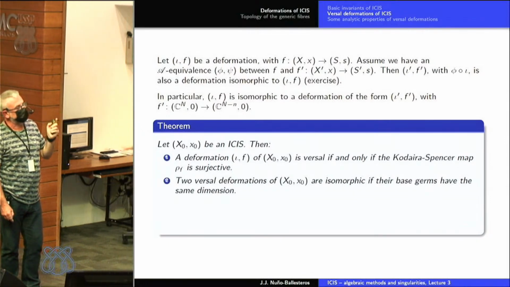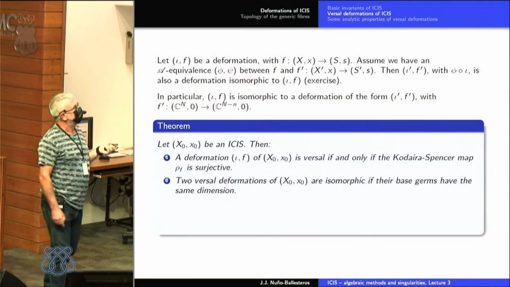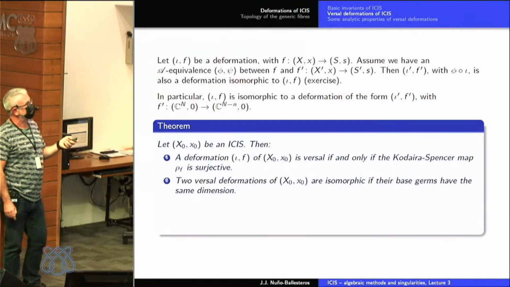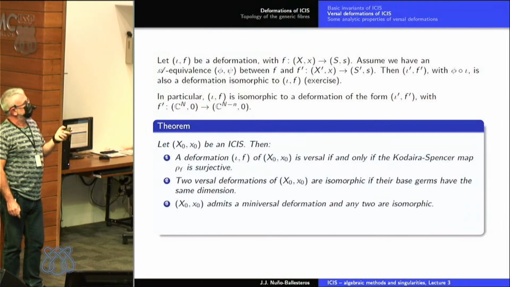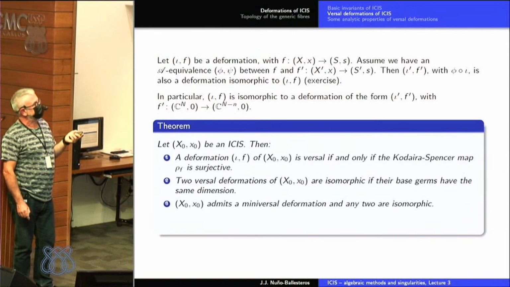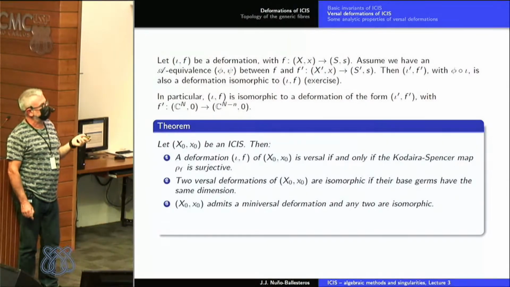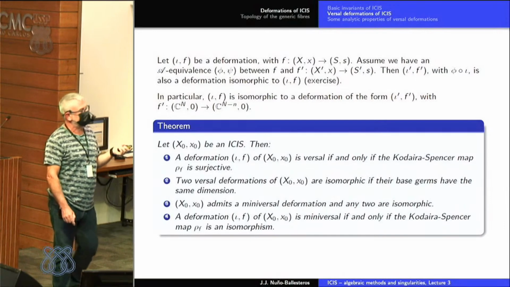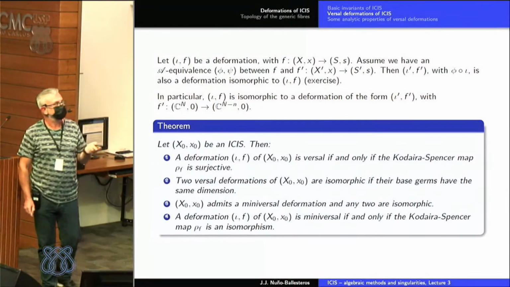If S and S prime have the same dimension, and the two deformations are versal, then they are isomorphic. The third point is that any ICIS admits a miniversal deformation, and any two of them are isomorphic. And finally, a deformation is miniversal if and only if the Kodaira-Spencer mapping is an isomorphism.